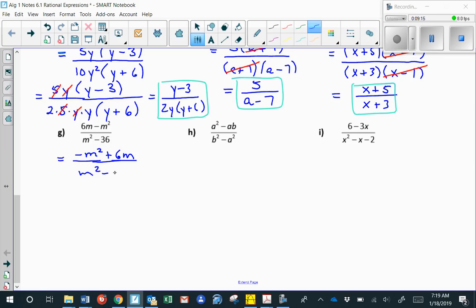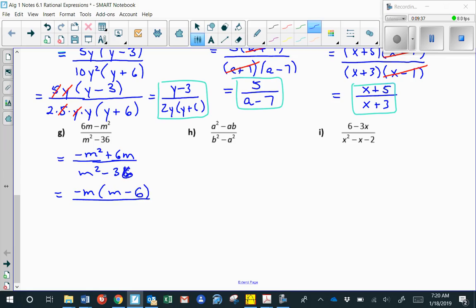And then you might also notice that the numerator has a leading coefficient, the coefficient of m squared, that is negative. That means we're going to factor out a negative GCF. So if we factor out -m, that leaves us with m minus 6.